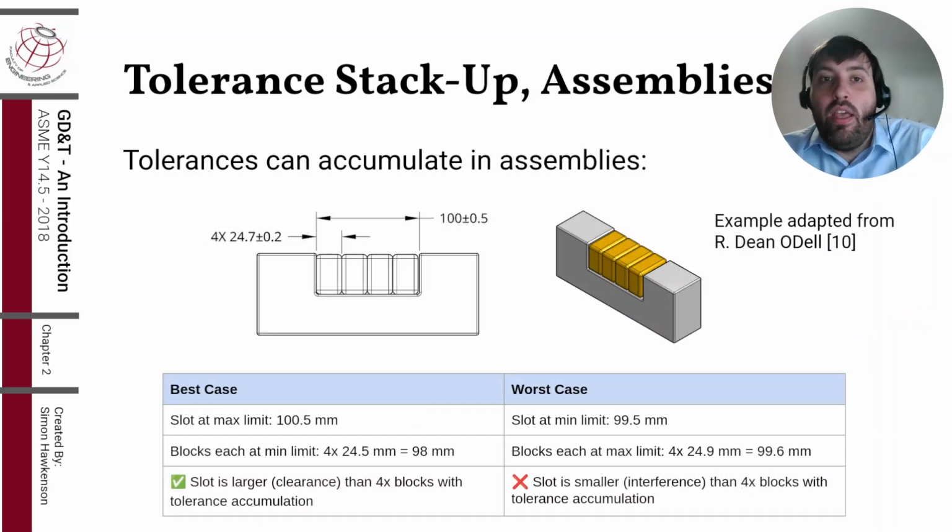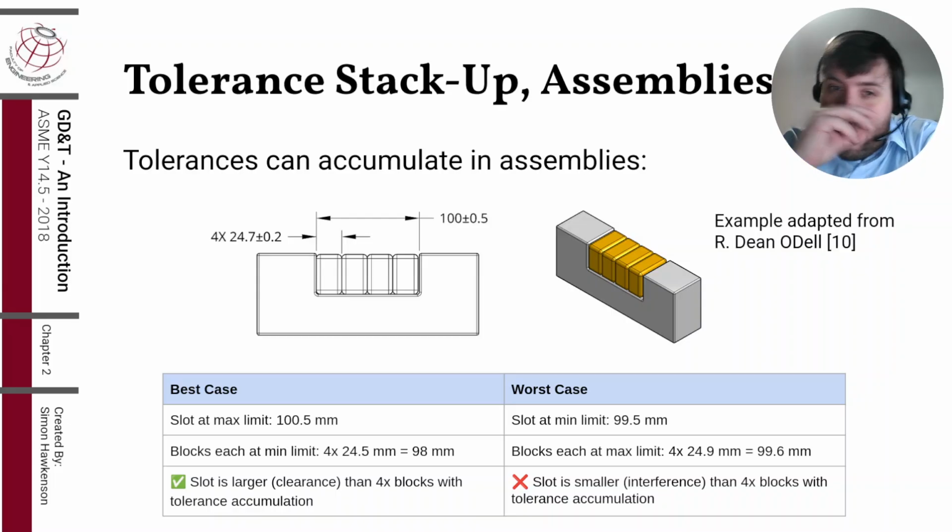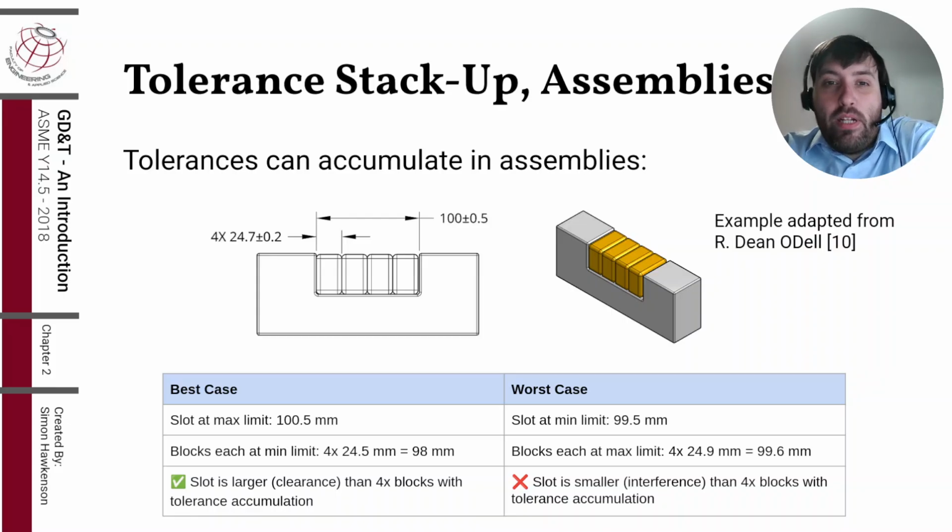All right, moving on. Tolerance accumulation can also happen in assemblies. And this problem can get really bad if your assembly has a very large number of parts. But here I'll use a simple example. Let's say we have 4 blocks, each with a nominal dimension of 24.7 and a tolerance of plus or minus 0.2 millimeters. We also have a part with a slot, and this slot is dimensioned at 100 plus or minus 0.5 millimeters.